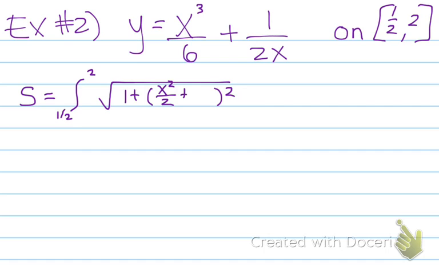And then the first derivative of 1 over 2x is, if you bring the x to the top as x to the negative 1 power, negative 1 over 2 times x to the negative 2, and when you move it to the bottom it would be negative. Let me change this just a little bit so it's clearer.